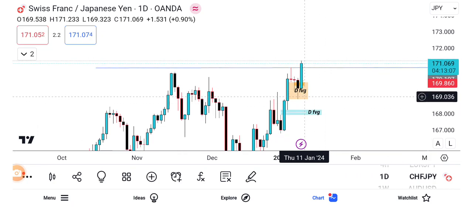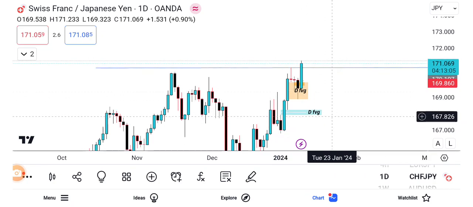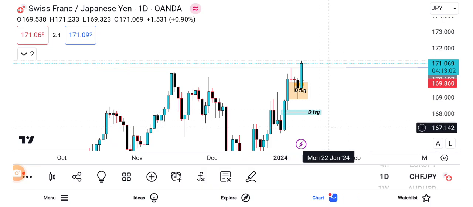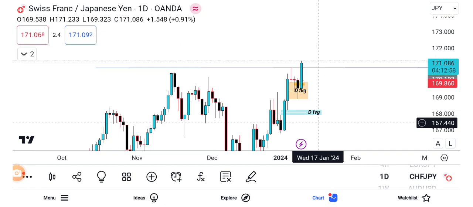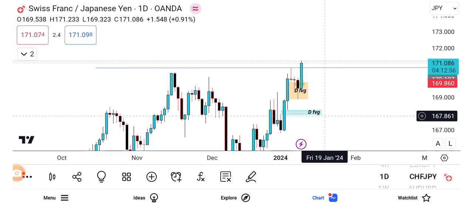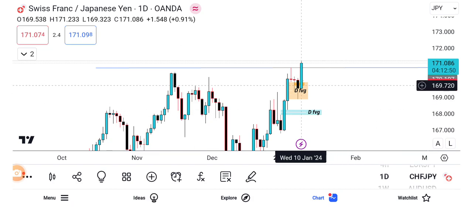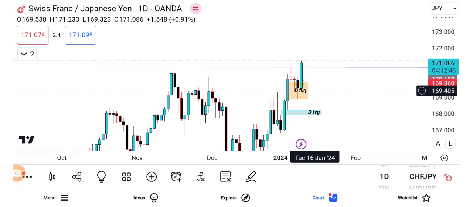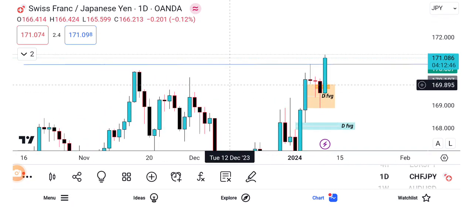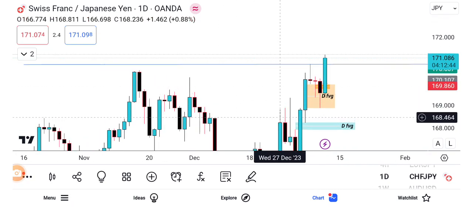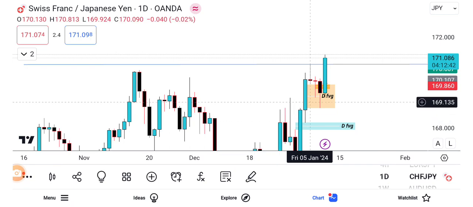So what I saw is, remember my general draw on liquidity, I wanted to see this fair value gap being tapped into, but we are not always married to our bias, so price action tells me the story. So what I saw is this fair value gap that I'm marking here, that is the daily fair value gap from this candle's high to this candle's low.